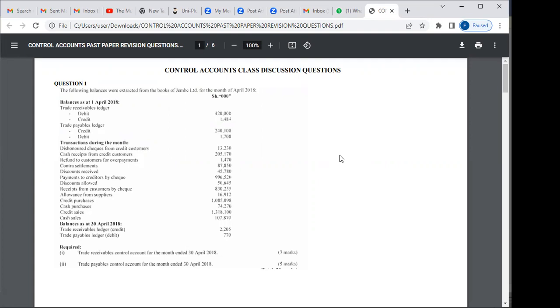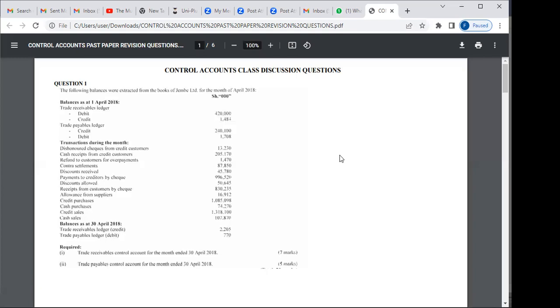Receipts from customers by check, it reduces the debtors, so credit the sales ledger. Allowance from suppliers means that the suppliers have given us something similar to discount, so it is going to reduce the creditors, with a debit for purchases ledger. Credit purchases, you credit purchases ledger.